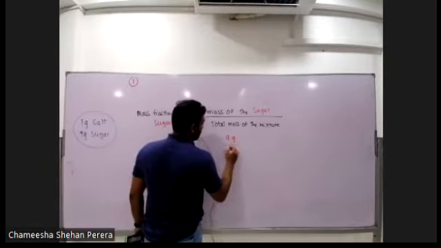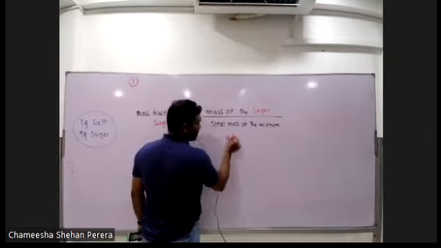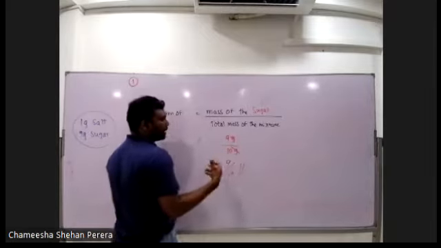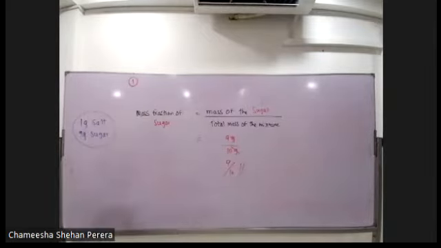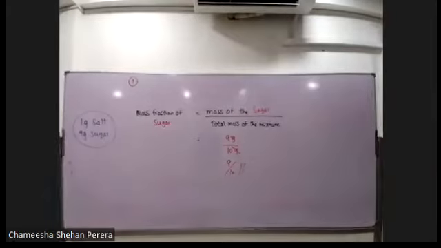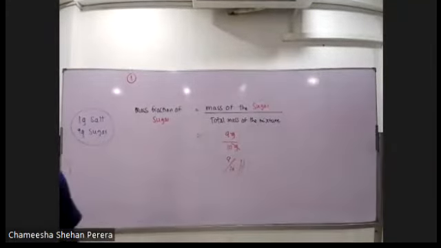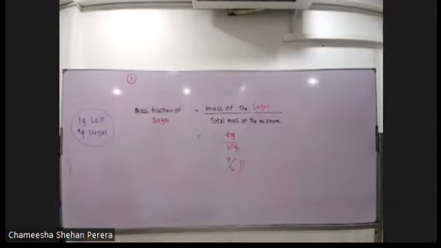Mass of the total mixture is 10 grams. Grams to grams cancel off, so 9 over 10. So out of all 10 portions, 9 portions are sugar in this mixture. So put up your hand if you have got this answer. Okay, perfect. Right, Upeka, quickly do the calculation.